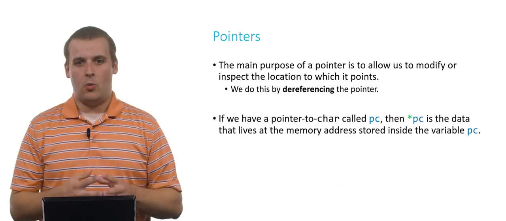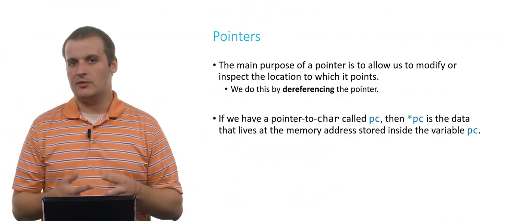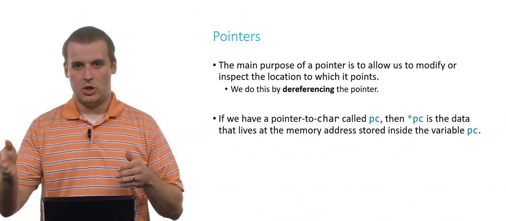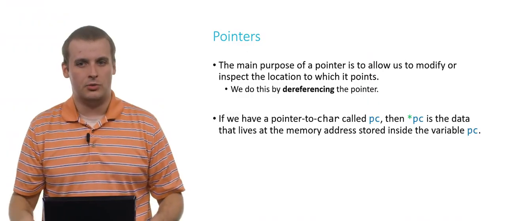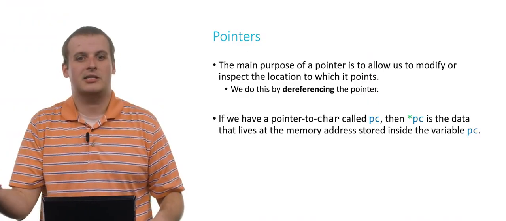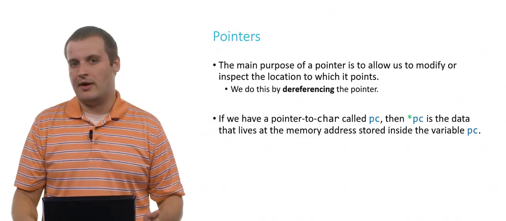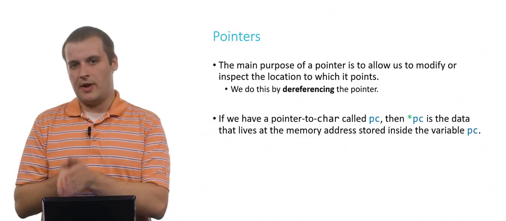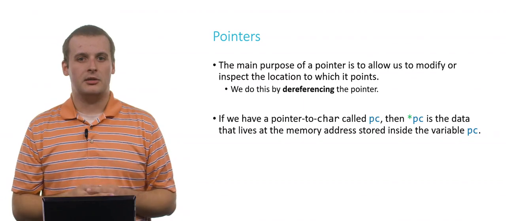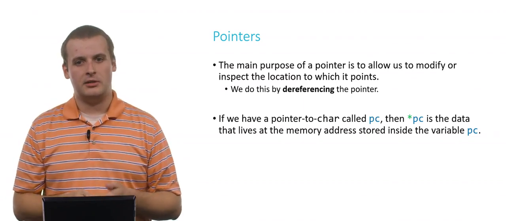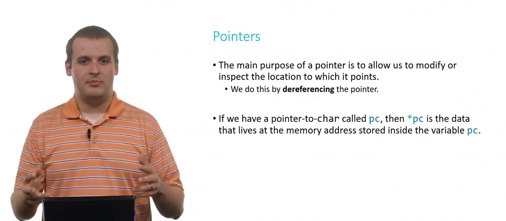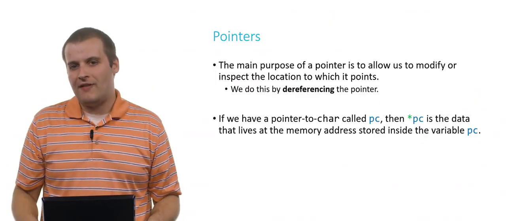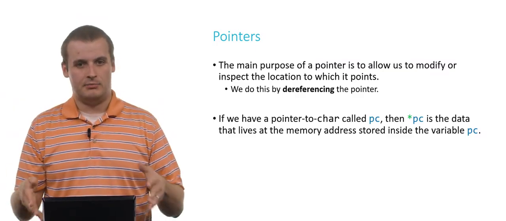Let's keep going. Why do we care about where something lives? Well, it's pretty useful to know where something lives so you can go there and change it, and work with it, and actually have the thing that you want to do to that variable take effect and not take effect on some copy of it. This is called dereferencing. We go to the reference and we change the value there. So if we have a pointer called pc and it points to a character, then we can say *pc. *pc is the name of what we'll find if we go to the address pc.